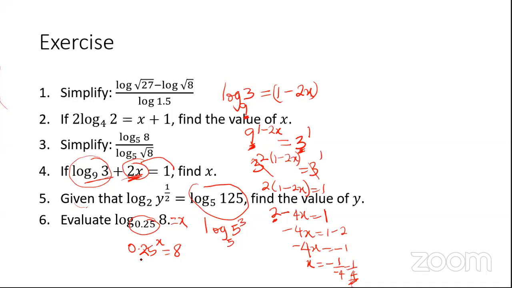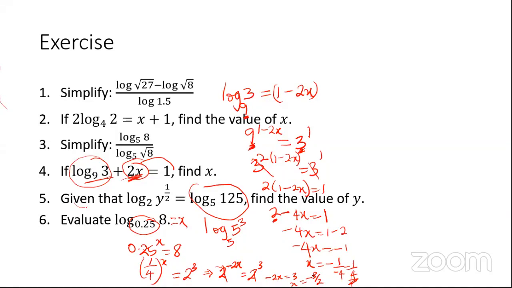When you convert 0.25 to a fraction, you should have 1/4 raised to power x equals 8, which is the same thing as 2 raised to power 3. Then 1/4 is the same thing as 1/2 raised to power 2. From what we have learned earlier, it's the same thing as 2 raised to power minus 2. So 2 raised to power minus 2x equals 2 raised to power 3. If you cancel the bases, minus 2x equals 3, and x equals minus 3/2.